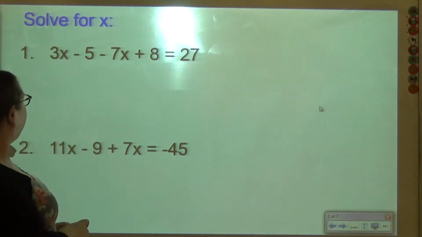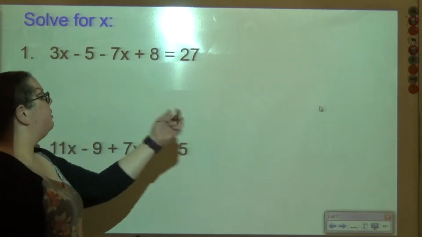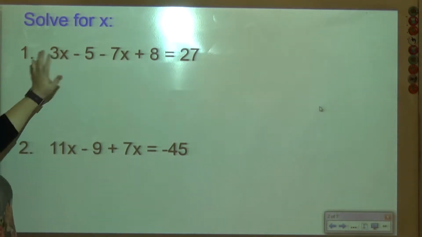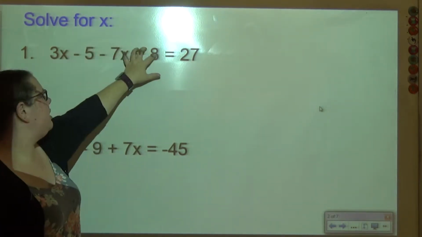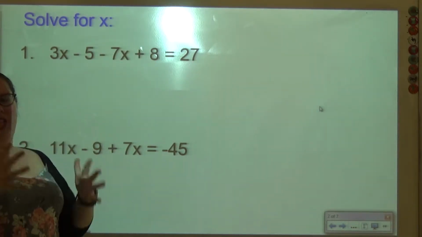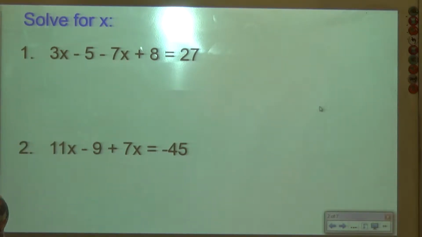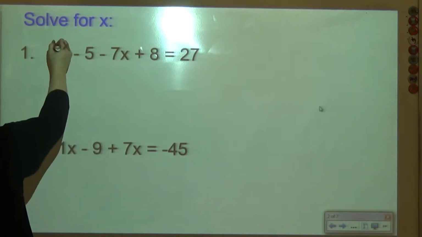So let's start with a review of the last lesson, which was combining like terms. When we have an equation with a bunch of stuff on one side, we want to get stuff together that are friends. I have 3x.